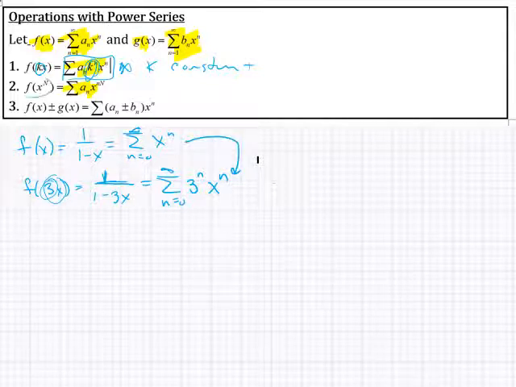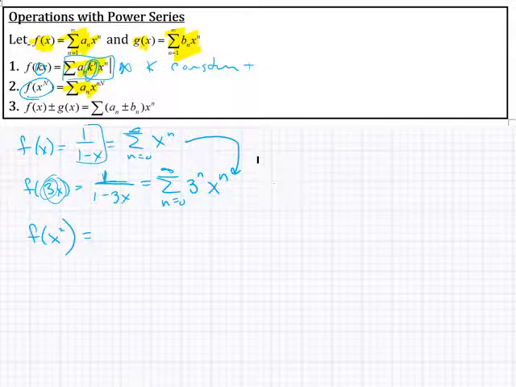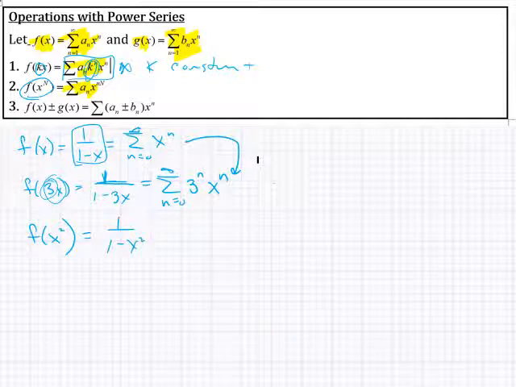How about this? f of x to the N. So what if I said, what about f of x squared? Well, f of x squared for this function will be 1 over 1 minus x squared. But what would the corresponding power series look like? Well, the corresponding power series would need an extra power. This N would have to be multiplied in the x to the n that was already there.